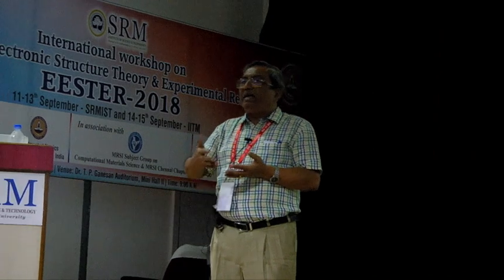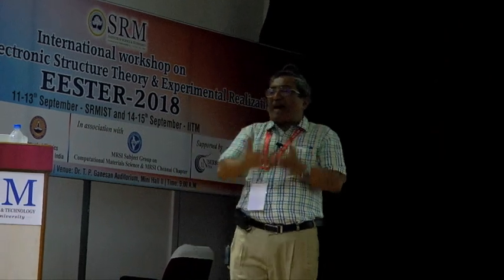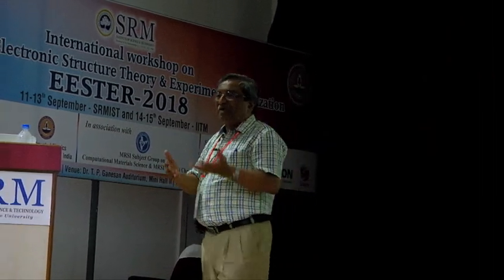I can't vouch that everything is exactly matching with the experiment. No, I'm afraid not. But this is one of the most viable approaches that can be used using density functional theory.